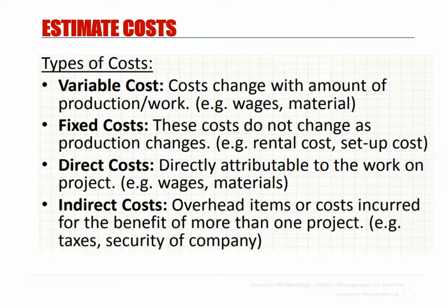There are four types of cost in projects. First one is the variable cost. These are costs that change with amount of production or work that you carry out. For example, wages of the people working in your project or the material that you are using in your project.